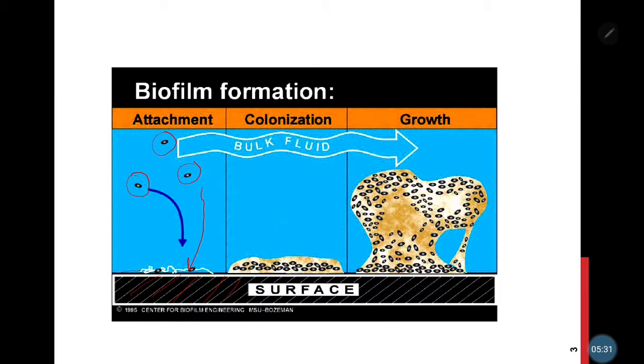This is phase 1, and this is the second phase in microbially induced corrosion, or MIC. In the second phase the colonization process occurs. Then bila dah lama-lama dia dah membentuk koloni, makin bertambah.